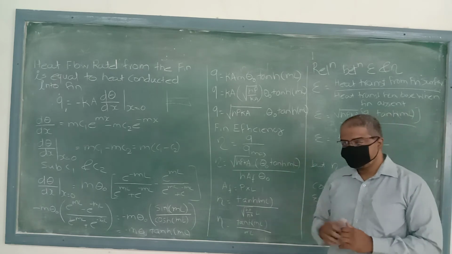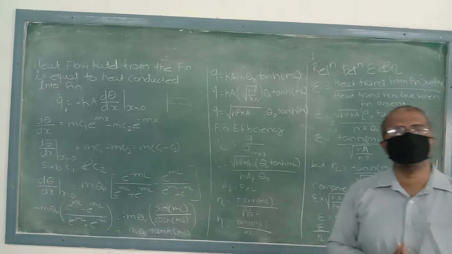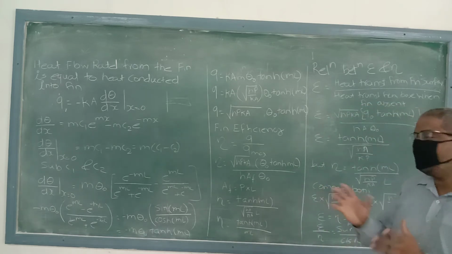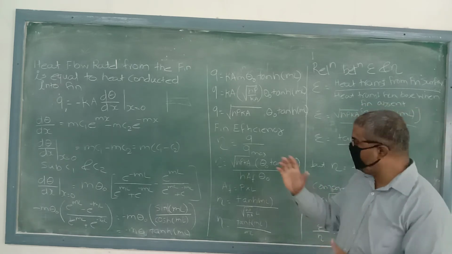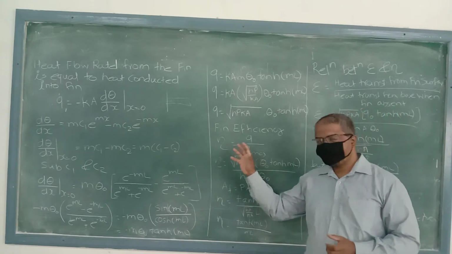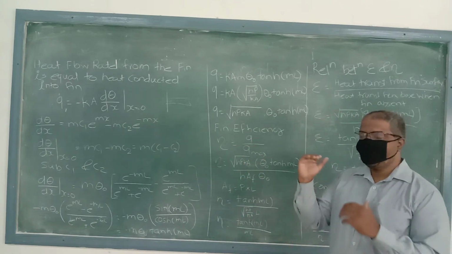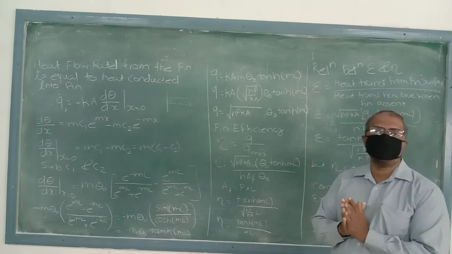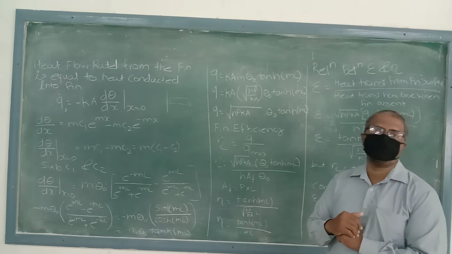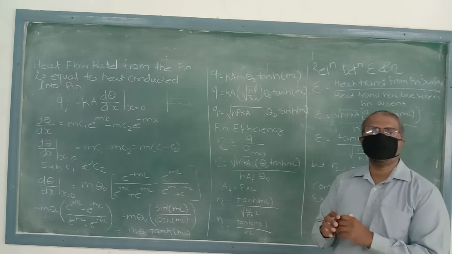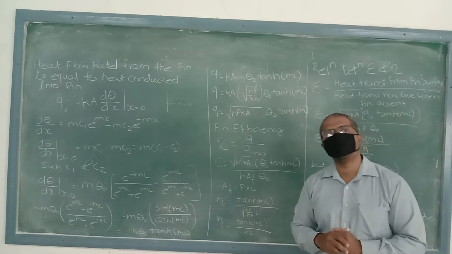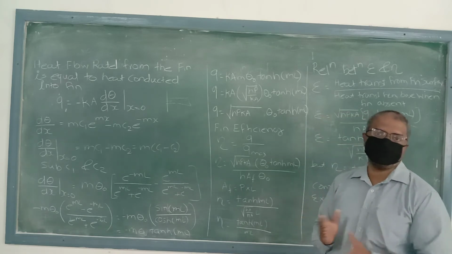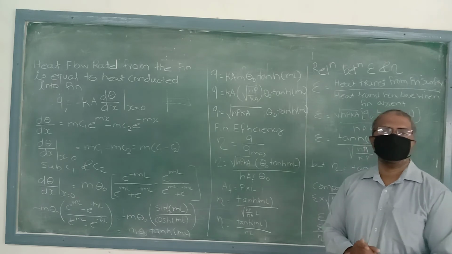Now in the next point we are going to calculate the fin efficiency. Now what does fin efficiency mean? In any case, the amount of heat transfer we consider as per the dimensions, but in actual practice there is some degradation.